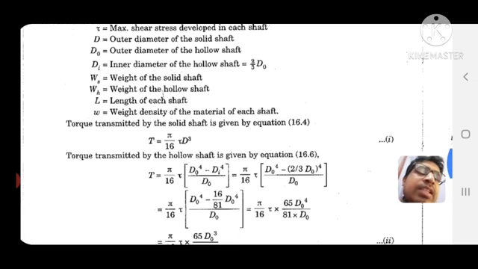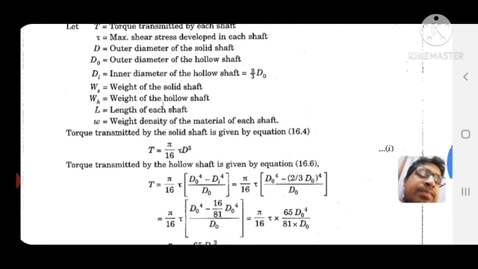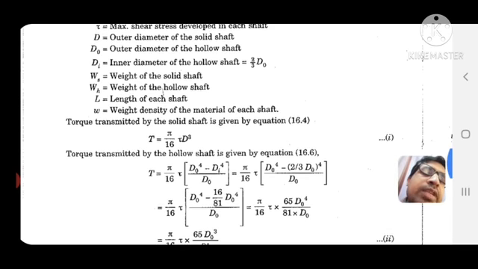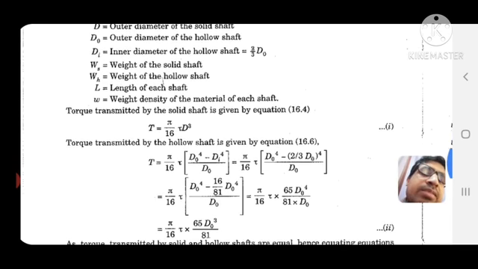Di is the inner diameter of the hollow shaft, which is equal to 2/3 of D0. Ws is the weight of the solid shaft, Wh is the weight of the hollow shaft, L is the length of each shaft, and w is the weight density of the material of each shaft.